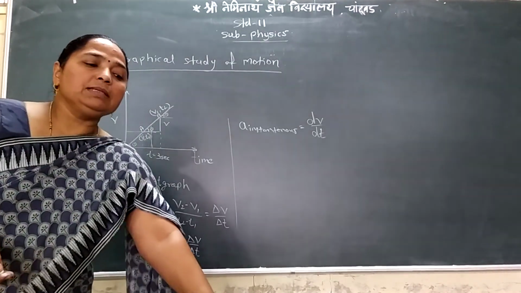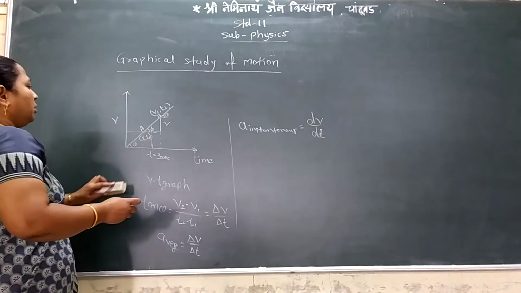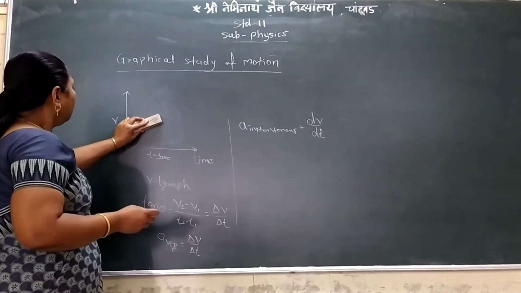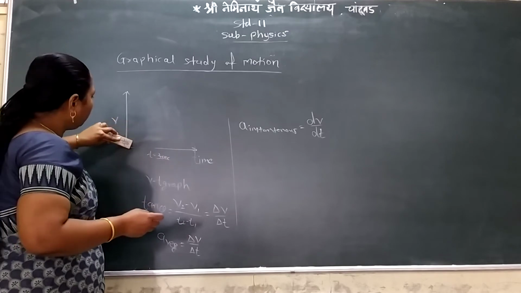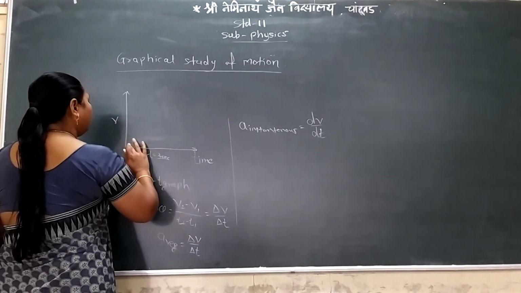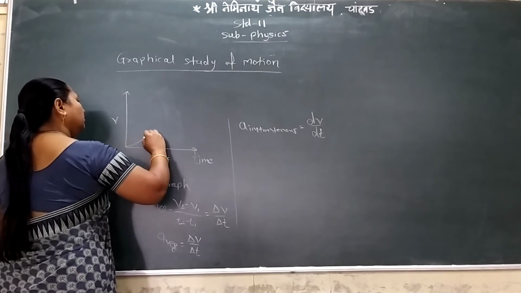When the graph is exponential in nature, velocity increases but in exponential form. In the velocity time graph, that graph increases.